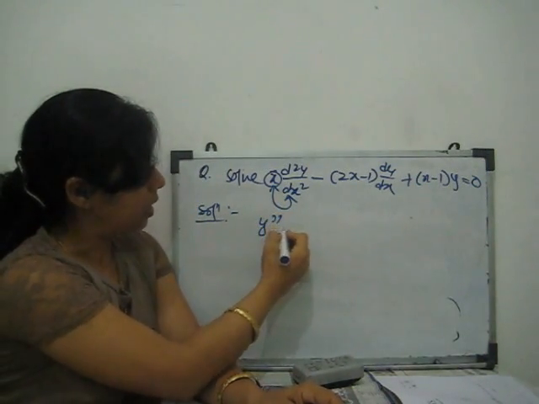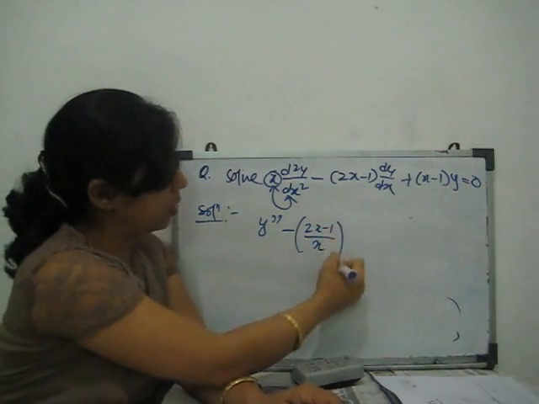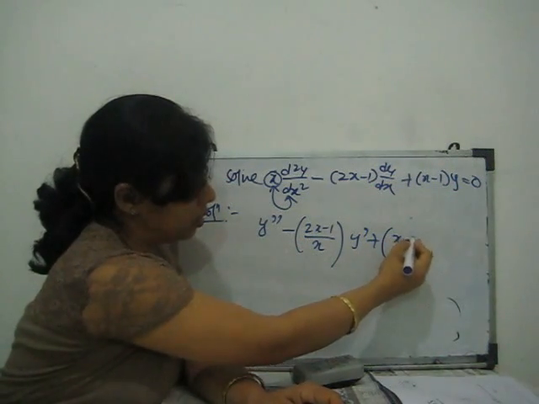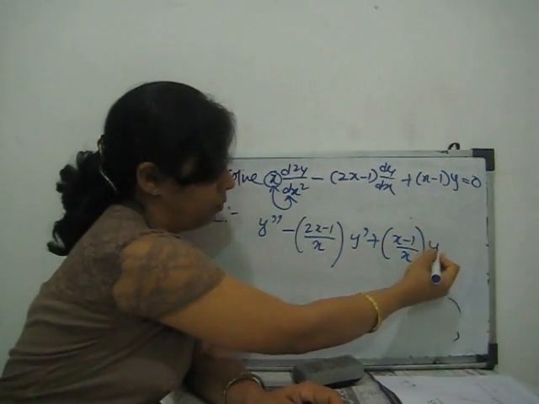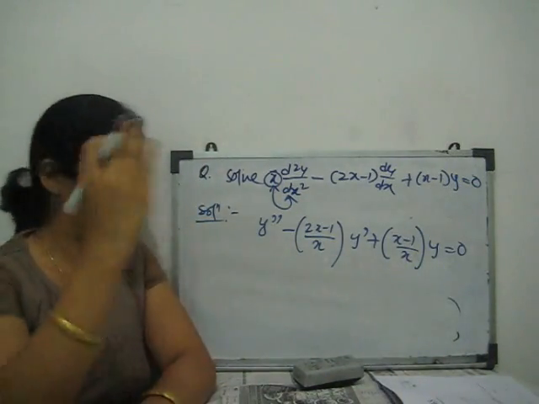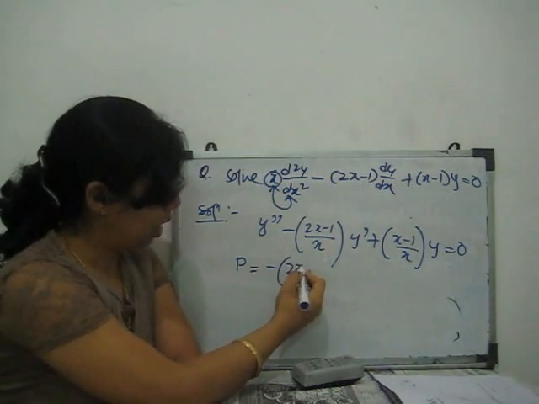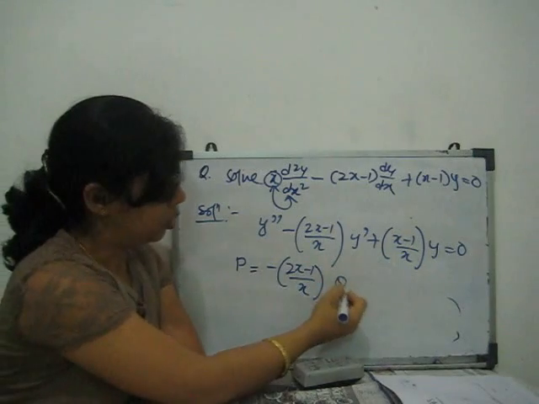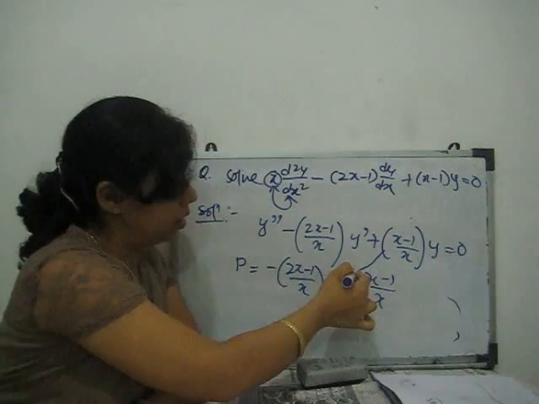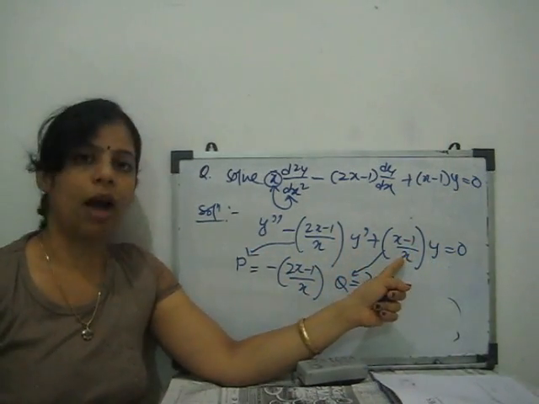So when we divide, this is y double dash minus 2x minus 1 by x y dash plus x minus 1 by x y equal to 0. Clear? So now we have to find out p and q. p is equal to minus 2x minus 1 by x and q is equal to x minus 1 by x. This is q, this is p. Coefficient of dy by dx is p, coefficient of y is q.